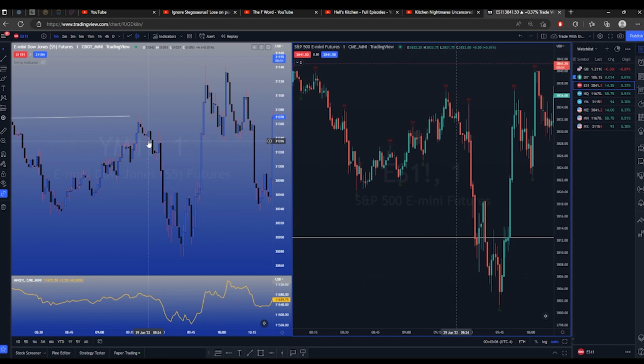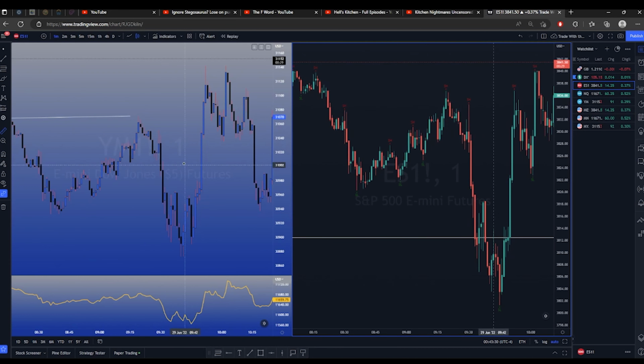You could argue that when it broke this low right here, this fair value gap right here would have been your entry. So had you taken entry right here, you place your stop either here or here for safety purposes, whatever your risk management allows you to risk.